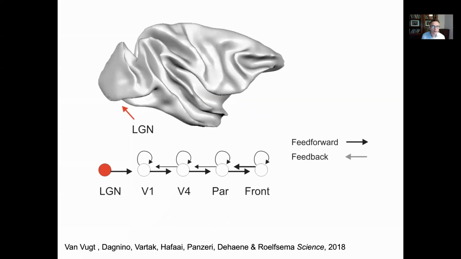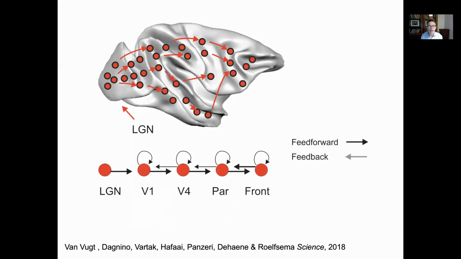And the theory proposes the following idea. If you present a stimulus, there are feed-forward connections from lower to higher brain areas that propagate the information to higher areas, say of the parietal and frontal cortex. And the idea is, if the signal that arrives there is strong enough, then there's a process that is called ignition.